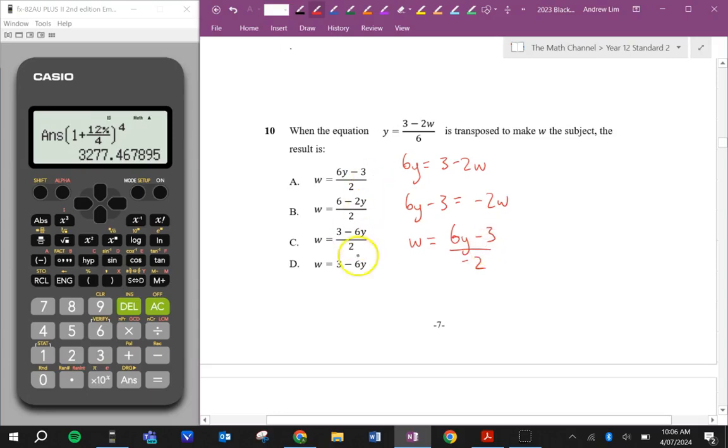Now none of these options have a negative 2 in the denominator. So what that means is I will need to change the sign of everything at the top of this fraction. So w will equal minus 6y plus 3 over 2. So which one is that? It would be C.